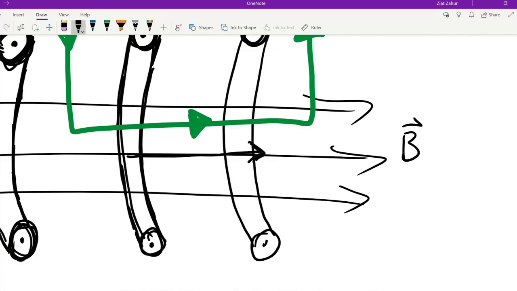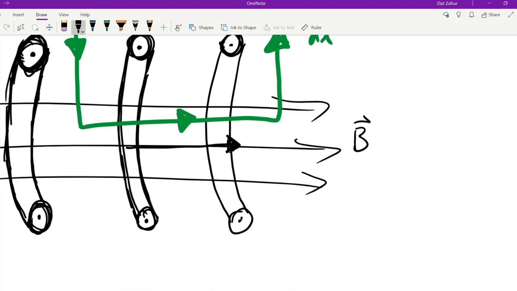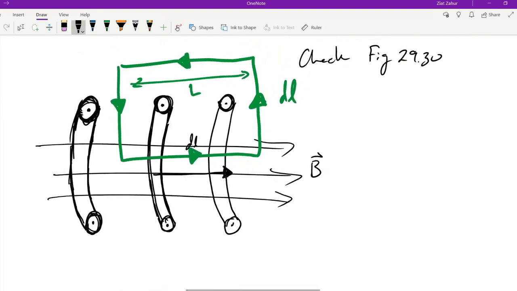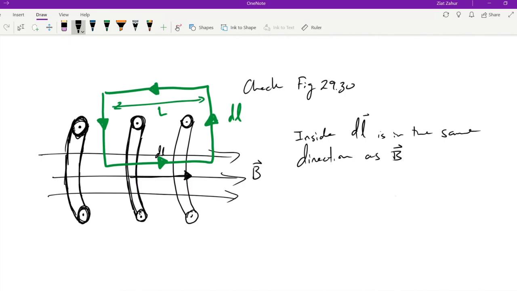Notice how the B vector here, B is in the same direction as dL when you're on the inside. So inside, dL is in the same direction as your magnetic field.